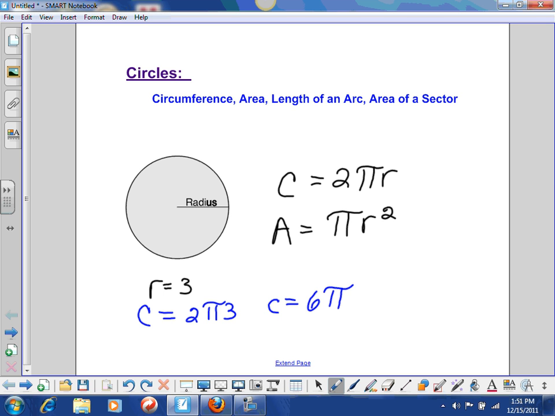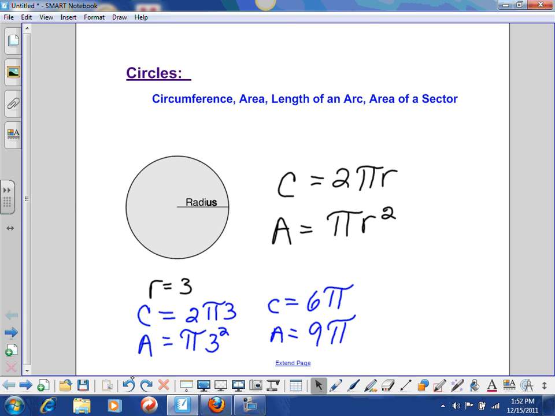And if they want it exact, you have to leave it like that. And if they want the area of this circle with a radius of 3, it's pi times 3 squared. So the area is equal to 9 pi. These are pretty straightforward formulas that you've seen before.